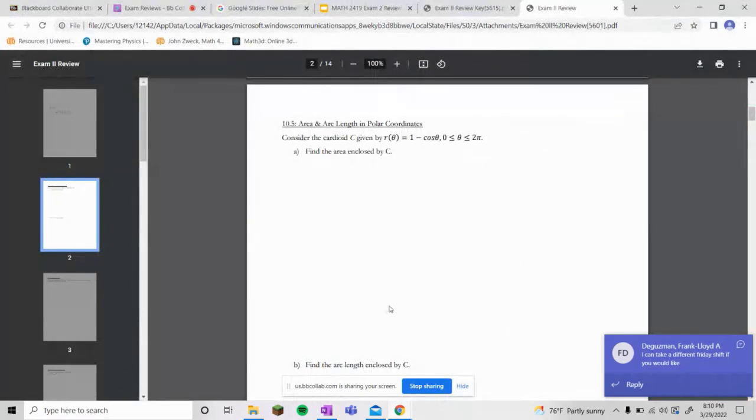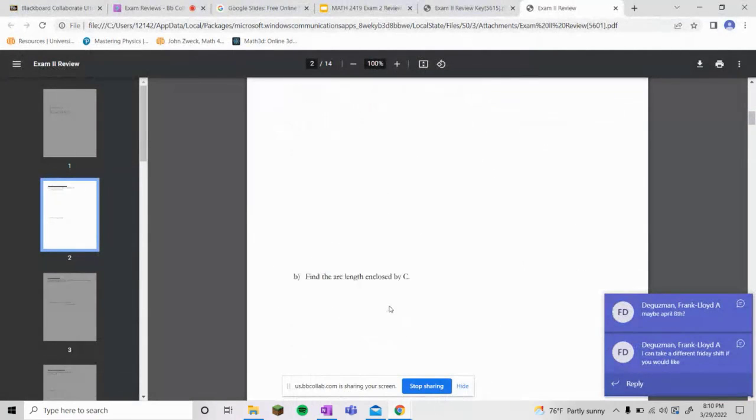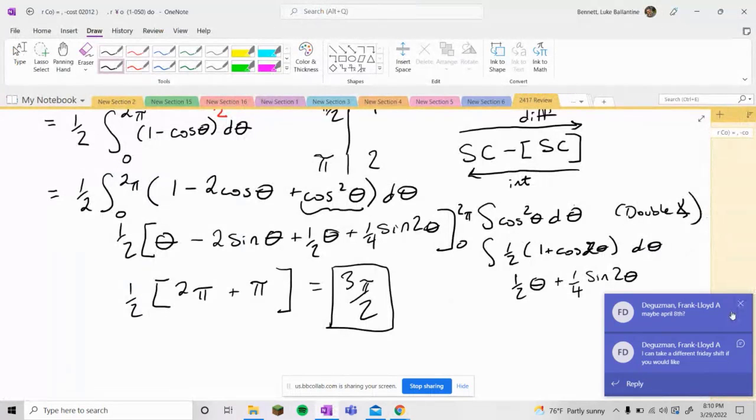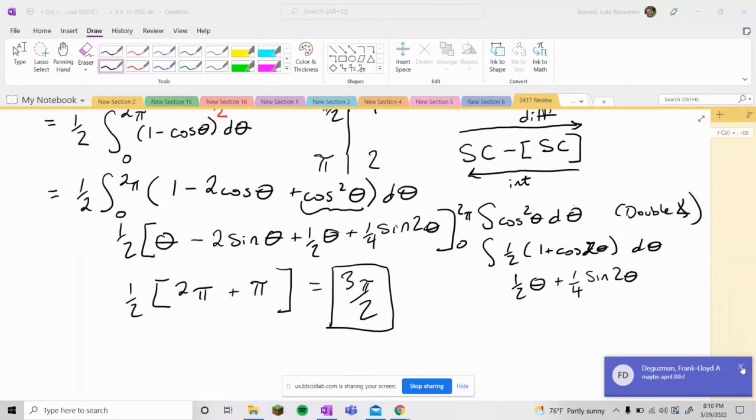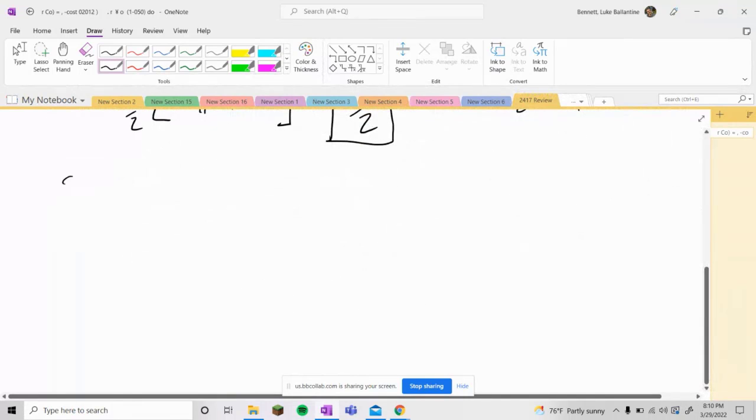Okay, the next one, find the arc length enclosed by C. So if we want to find arc length, we can do that using dL. So L is the integral from A to B of the magnitude of r prime of t dt.